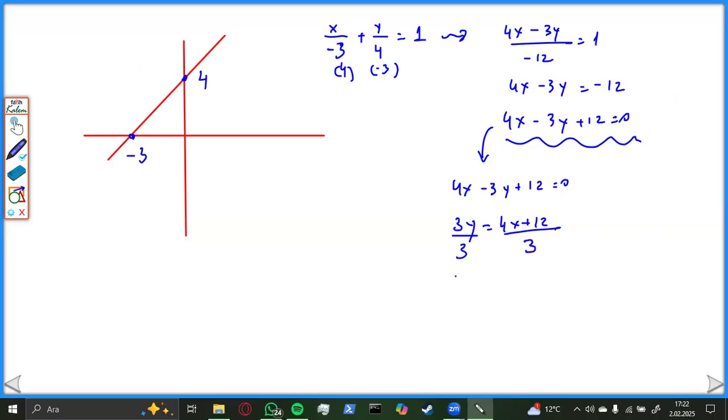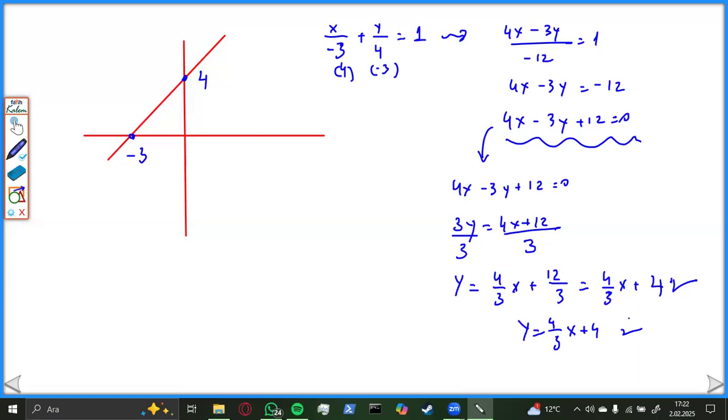After this calculation, y is alone: 4 over 3x plus 12 over 3. In other words, y equals 4 over 3x plus 4. Right now it is the same equation, but in gradient intercept form.